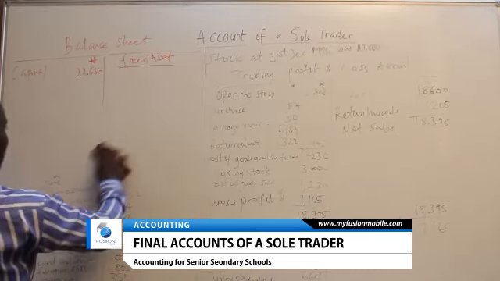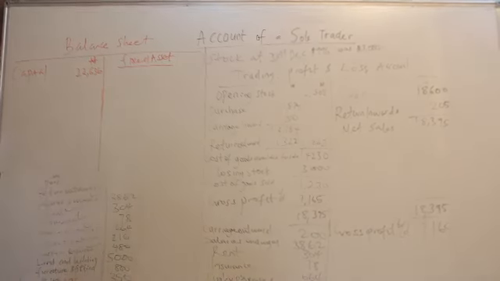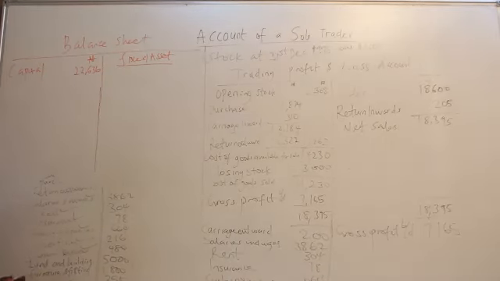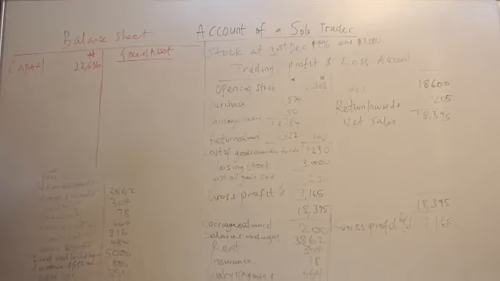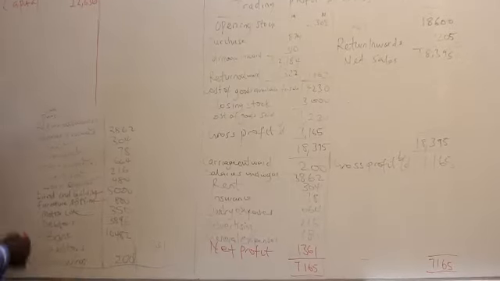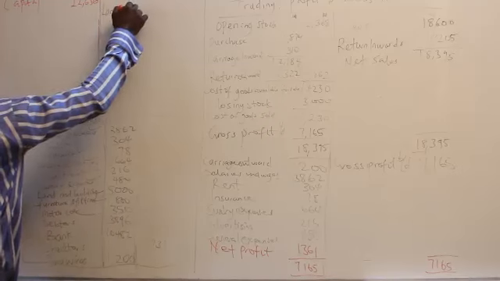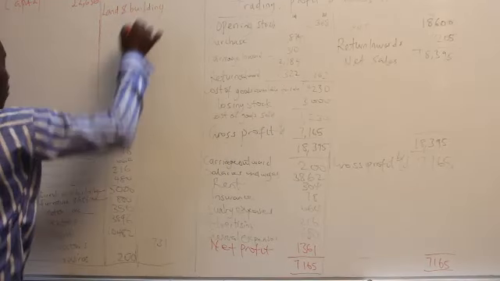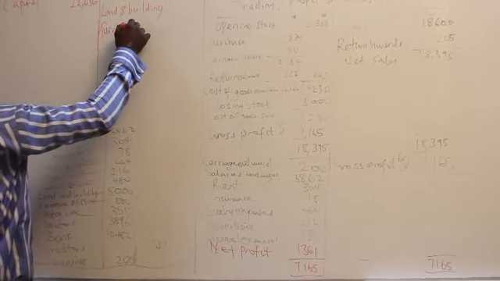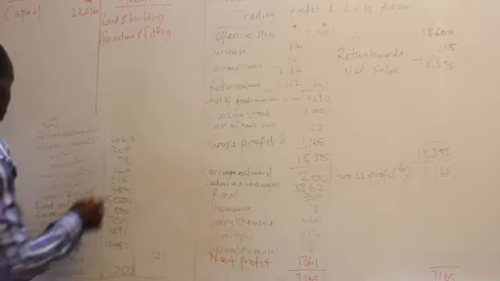So our fixed assets are land and building, furniture and fitting, and motor car. Debtors and bank become current assets.